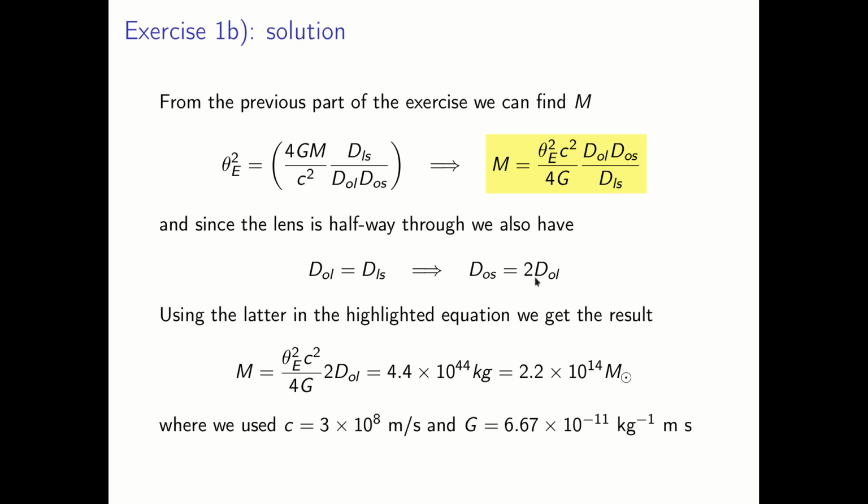If we plug in this formula here for m, we get that m is equal to theta e squared, c squared over 4g times 2 DOL.